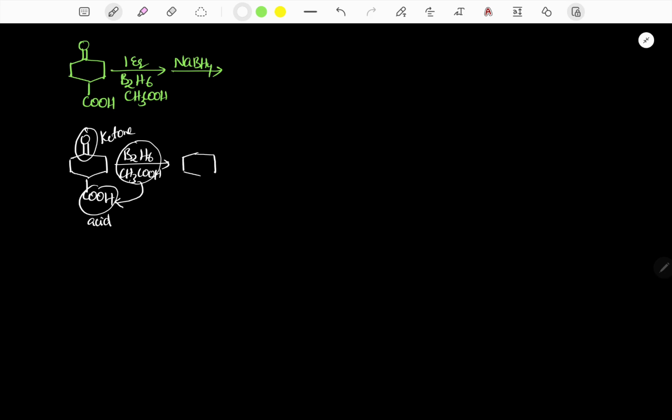Therefore ketone reduction should not be considered. Only the acid will be reduced; the carboxylic acid will be converted to a primary alcohol.